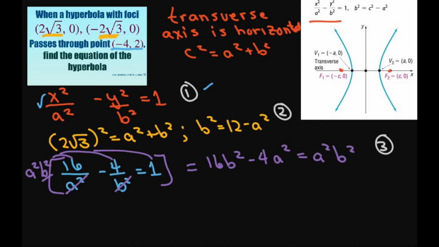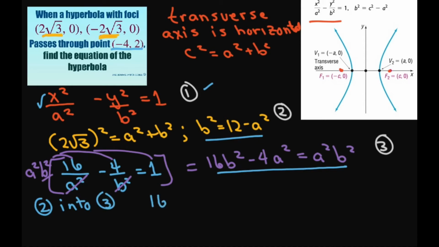Now from there, what we're going to do is substitute equation 2 into equation 3. That's going to give me 16 times 12 minus a squared, minus 4a squared, equals a squared times 12 minus a squared.